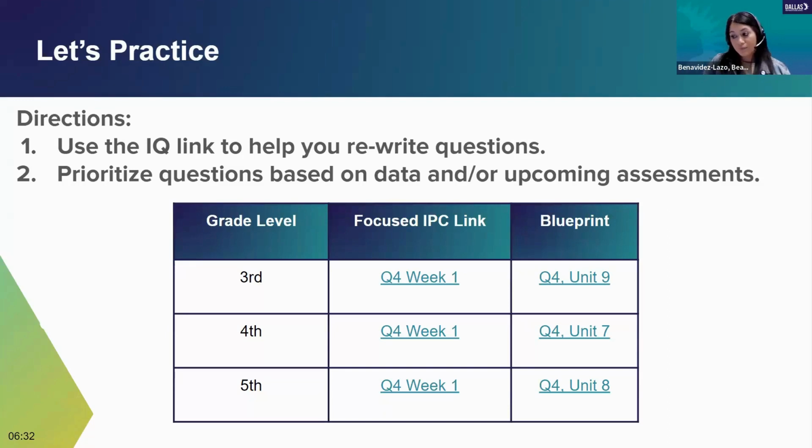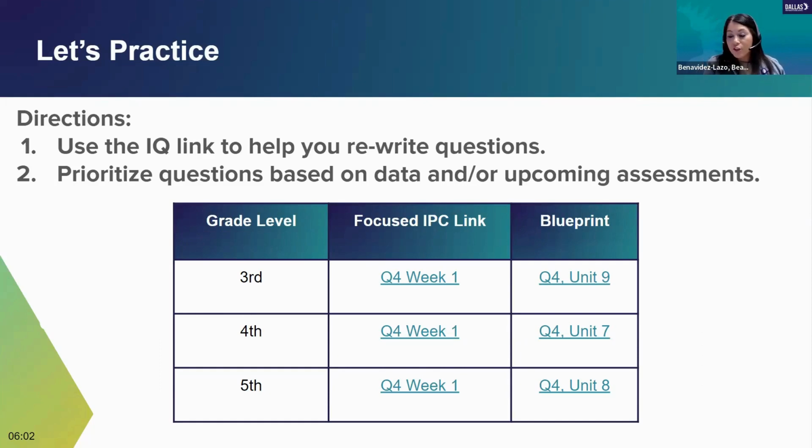One, go through your upcoming lesson and rework questions using the IQ STEM webpage, or two, prioritize questions, meaning what I just did, where I took 7 questions and moved it down to 3 because I was very intentional with what I needed my students to get for their unit assessment.